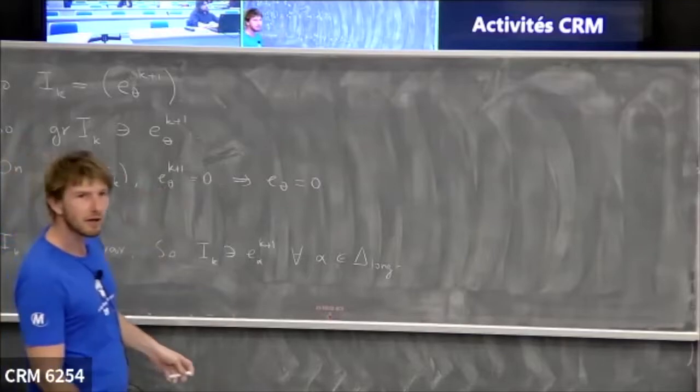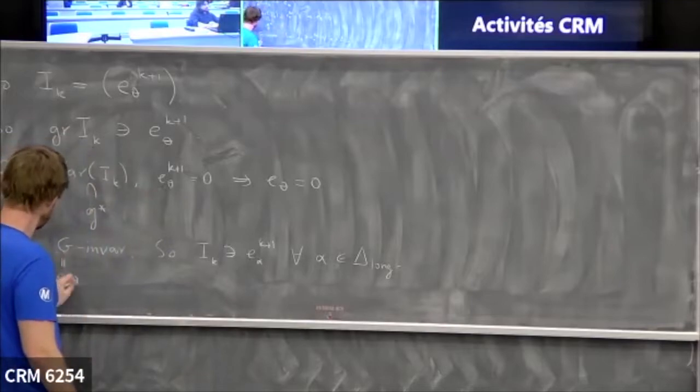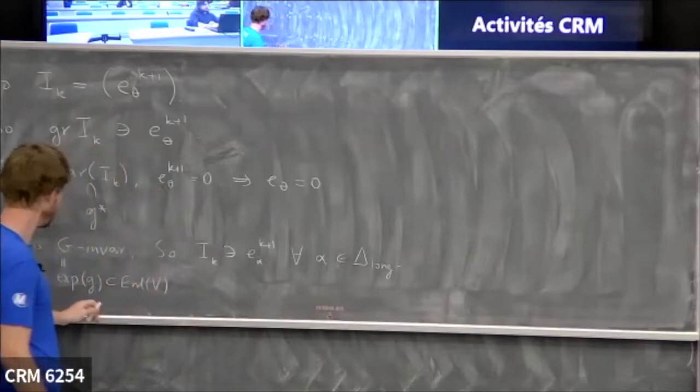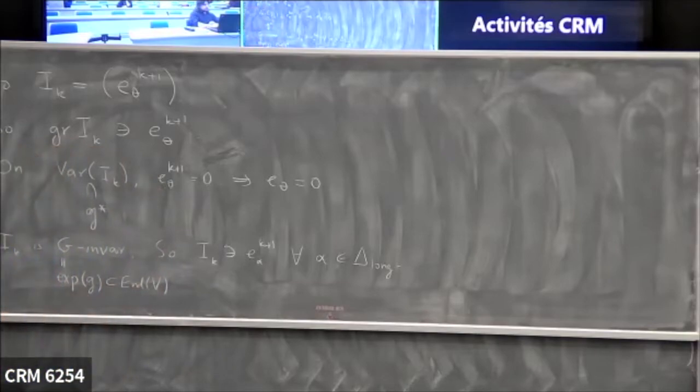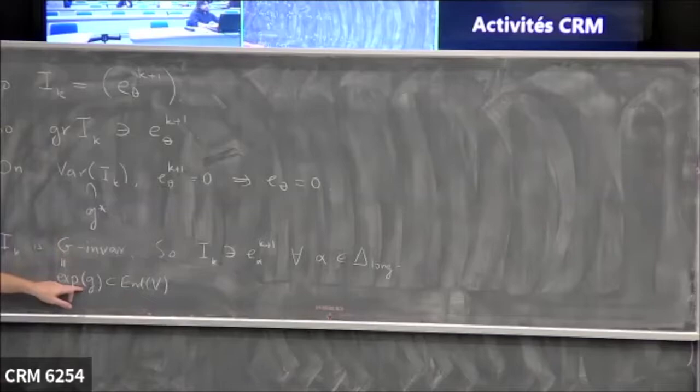Sorry, what's your G? G is like X. G in endomorphisms of V, I suppose. V itself has finite dimensional graded pieces, so any automorphism given by, I'm sorry.